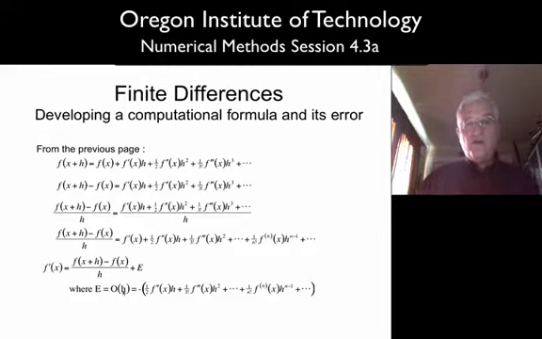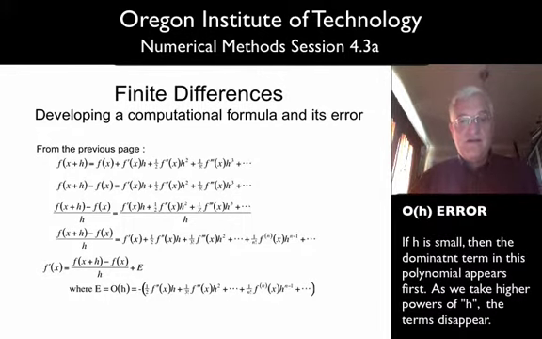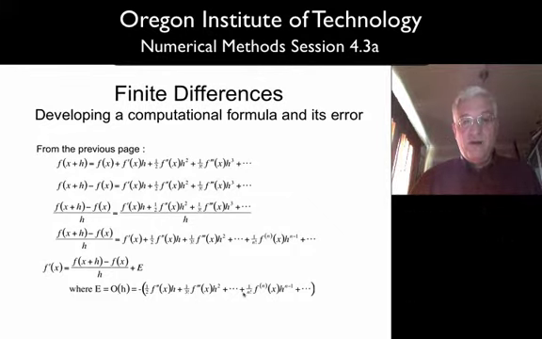So we would call this thing now an order of h error. Here we're saying that the error is almost linearly proportional to h, because the rest of the stuff disappears really fast. When you start getting powers of h, this goes away, especially when you're dividing by a factorial. So it's only the leading term that we really care about, because that drives the vast majority of the error.